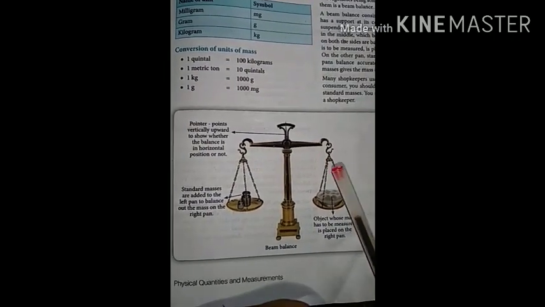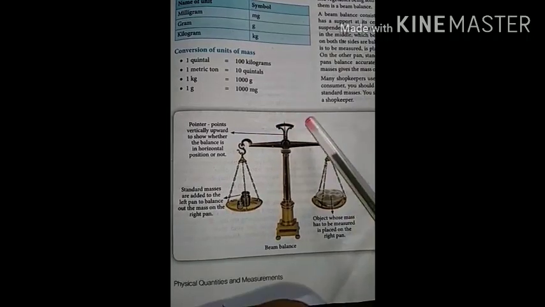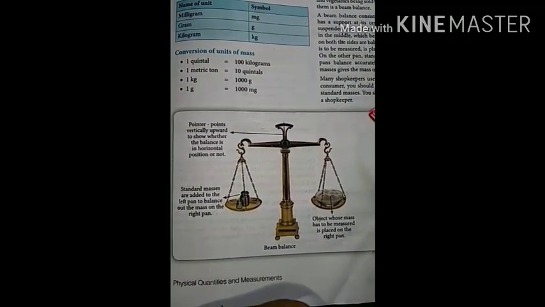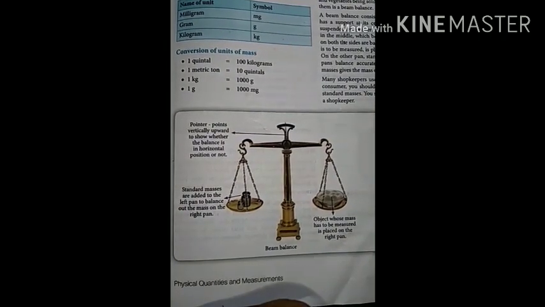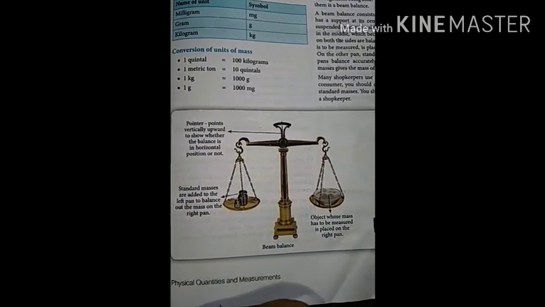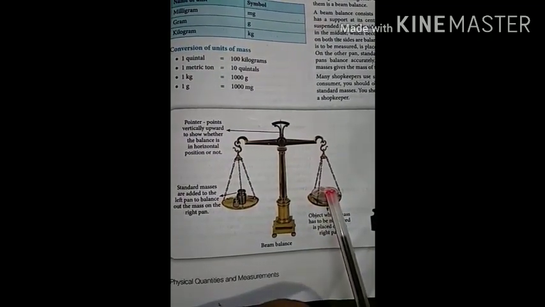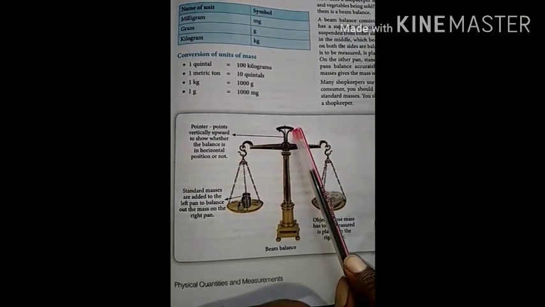It has a pointer in the middle, which becomes vertical when the pans on both sides are balanced.